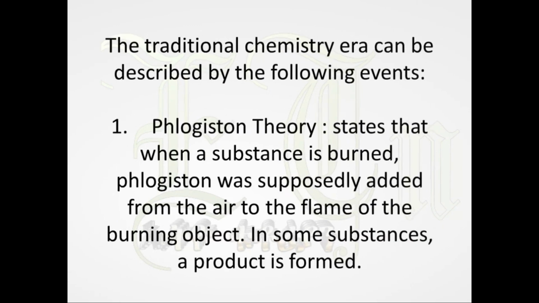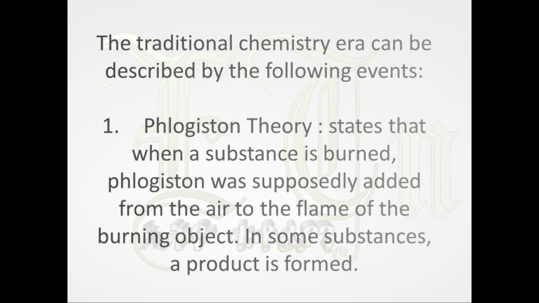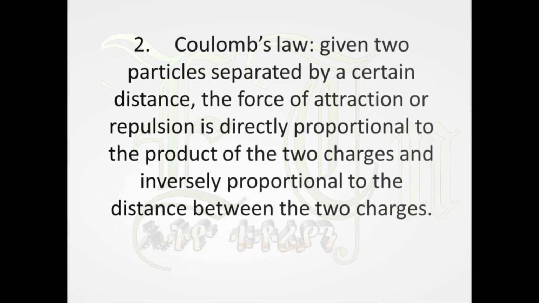The traditional chemistry era can be described by the following events. 1. Phlogiston theory states that, when a substance is burned, phlogiston was supposedly added from the air to the flame of the burning object. In some substances, a product is formed.